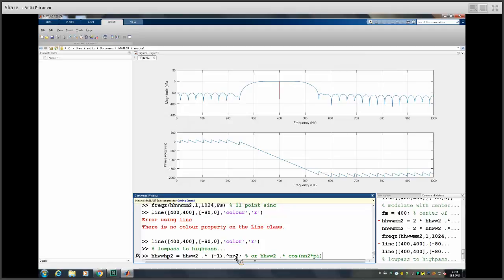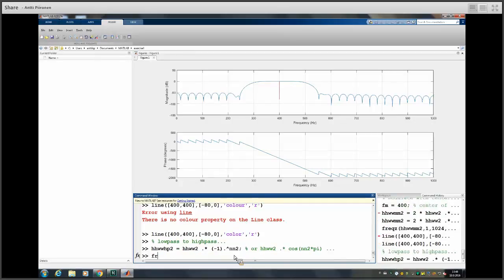That will do exactly the same thing, except -1 to the power of, for example, 1000 would be exactly 1, but if you take cosine of 1000 times pi, it's not necessarily 1 due to the calculation accuracy.